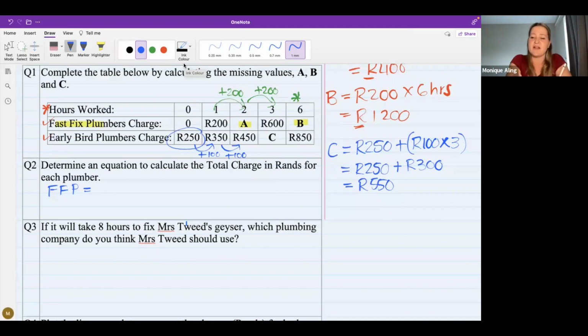So how would I work that out? And then if I had to change my mind and say, oh no, wait, I actually don't need them for 12 hours. I need them for 10 hours. How would I work that out? So I need a general formula so I could change my hours, but just have a general formula to replace the number of hours so I can just work it out easily. Okay, and what is the constant difference formula?